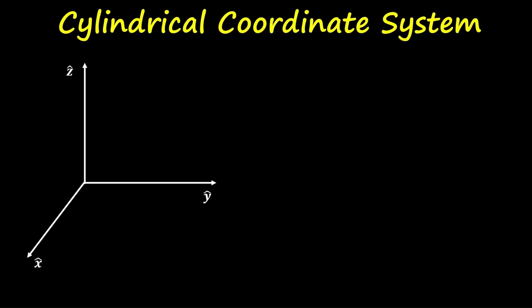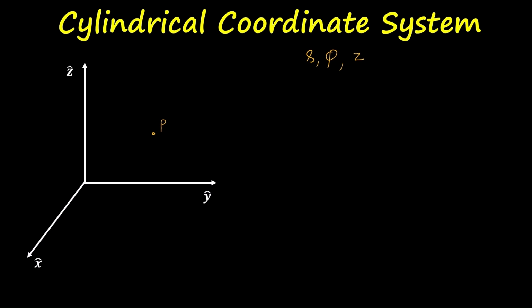Now let us discuss the cylindrical coordinate system. In the cylindrical coordinate system, we have three variables: s, phi, and z. To understand what s, phi, and z are, let us take one point P here.